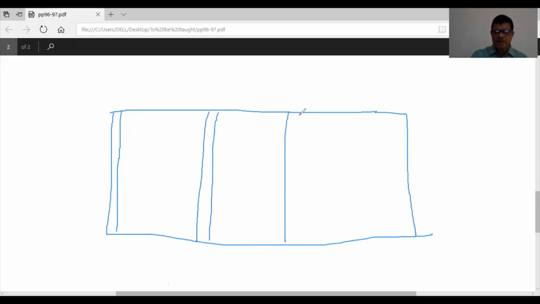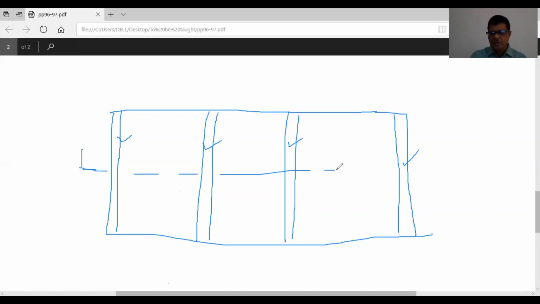I am not showing only 3 or 4, there may be many more beams. These are the end beams and these are the intermediate beams. You can see in your classroom also, if you look above your head, you can find a number of beams.